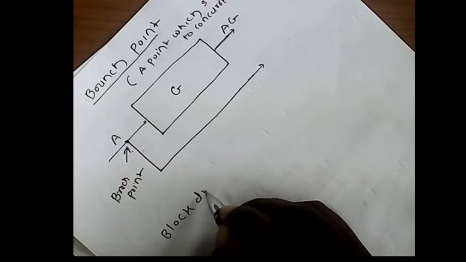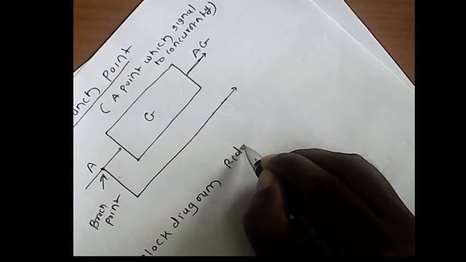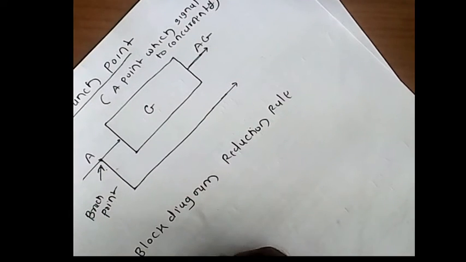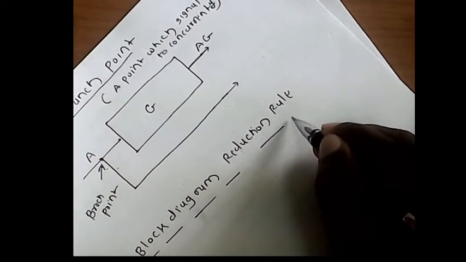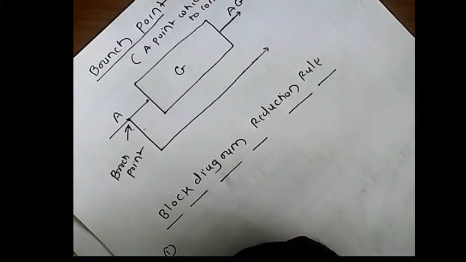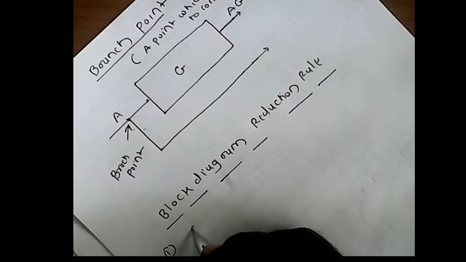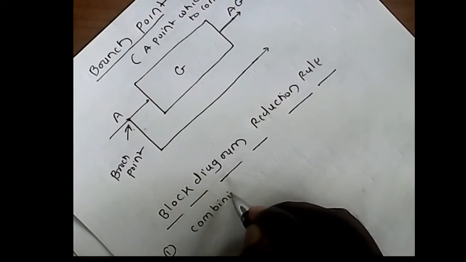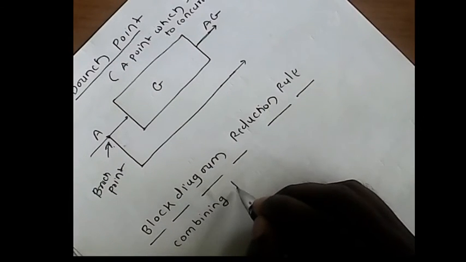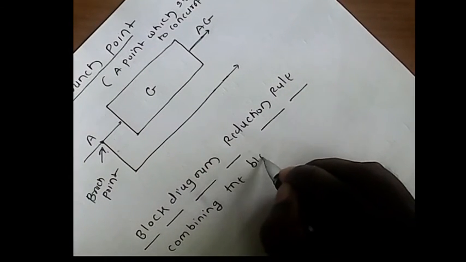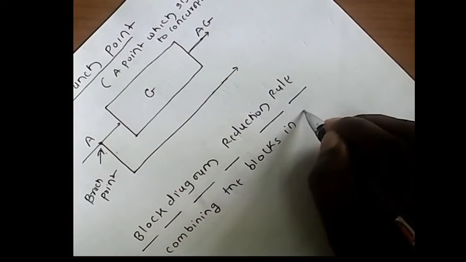Now we go to the block diagram reduction tools. Block diagram reduction rules. First rule, combining the blocks in cascade.